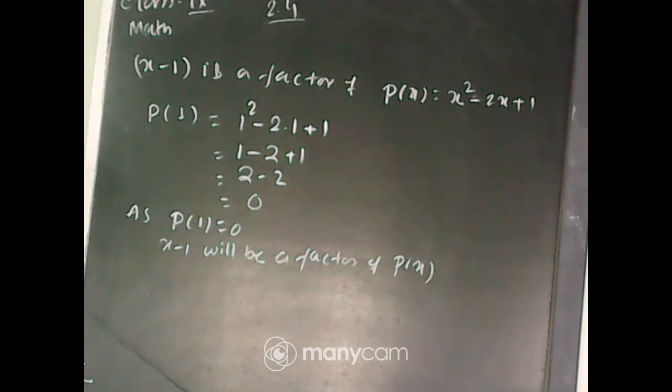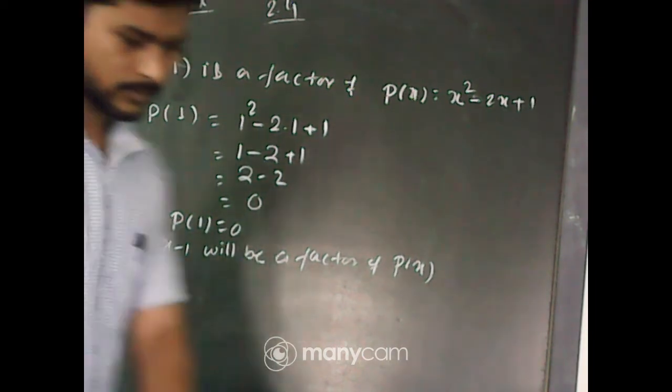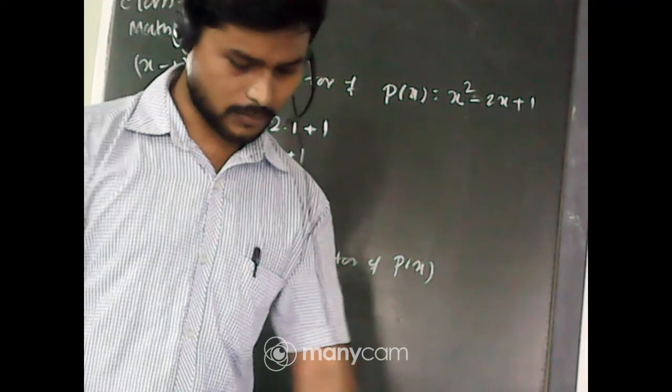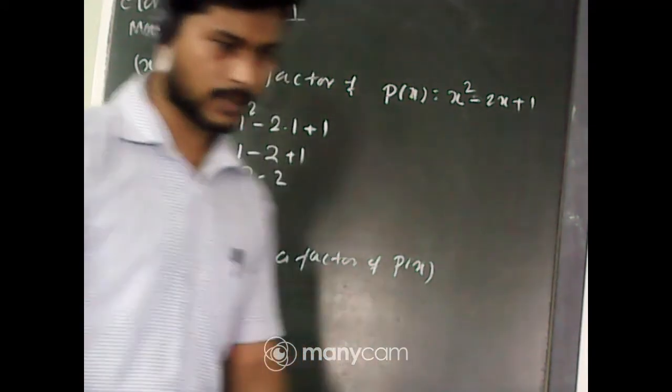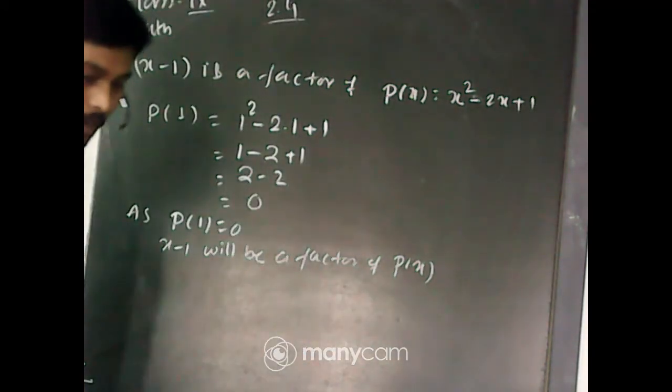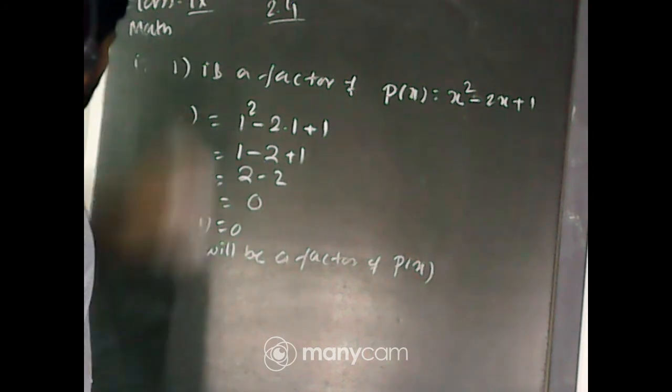So x minus 1 will be a factor of the polynomial p of x. Got it, students? You got the factor theorem? Yes. Okay, so now we can solve the problems from this exercise.